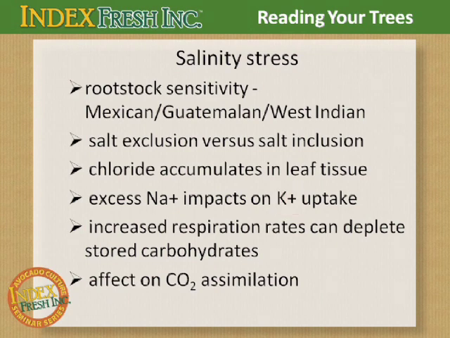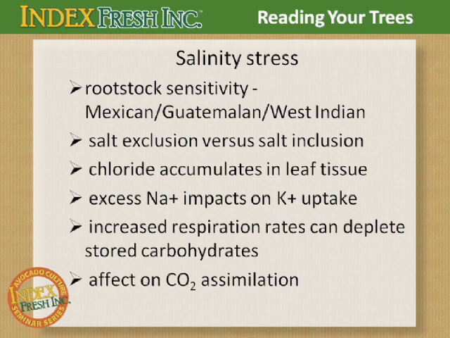And so there is a competitive antagonism between the two. If you have high saline water, you may want to make sure that you're getting sufficient potassium into your tree.